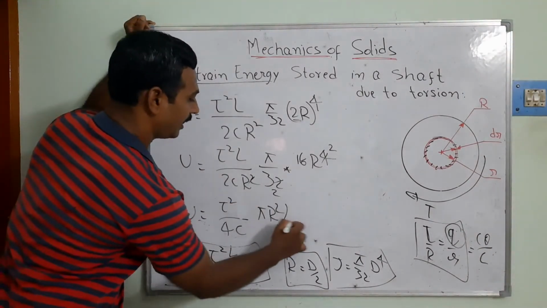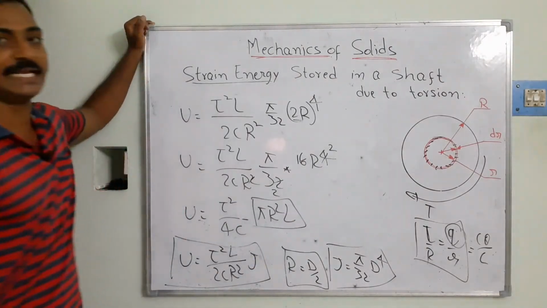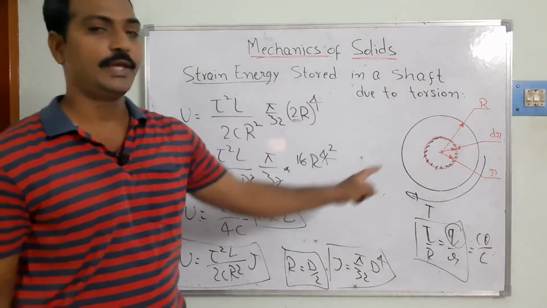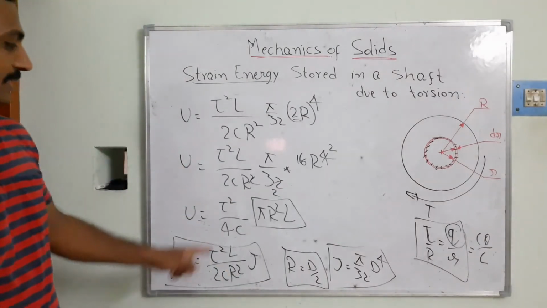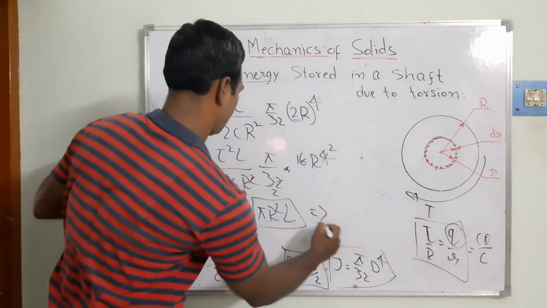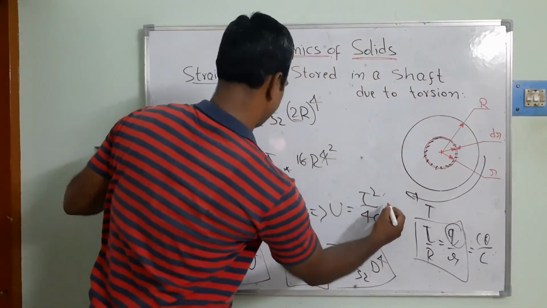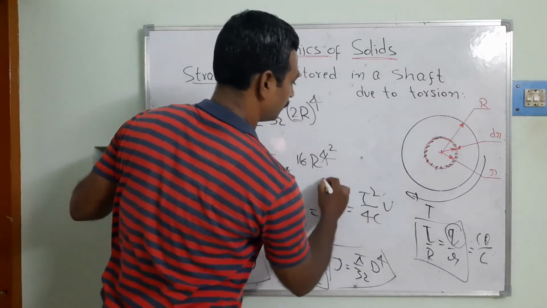Here pi R square L is the volume of the object. So once we have this equation, U is equal to tau square by 4C into the volume of the object.